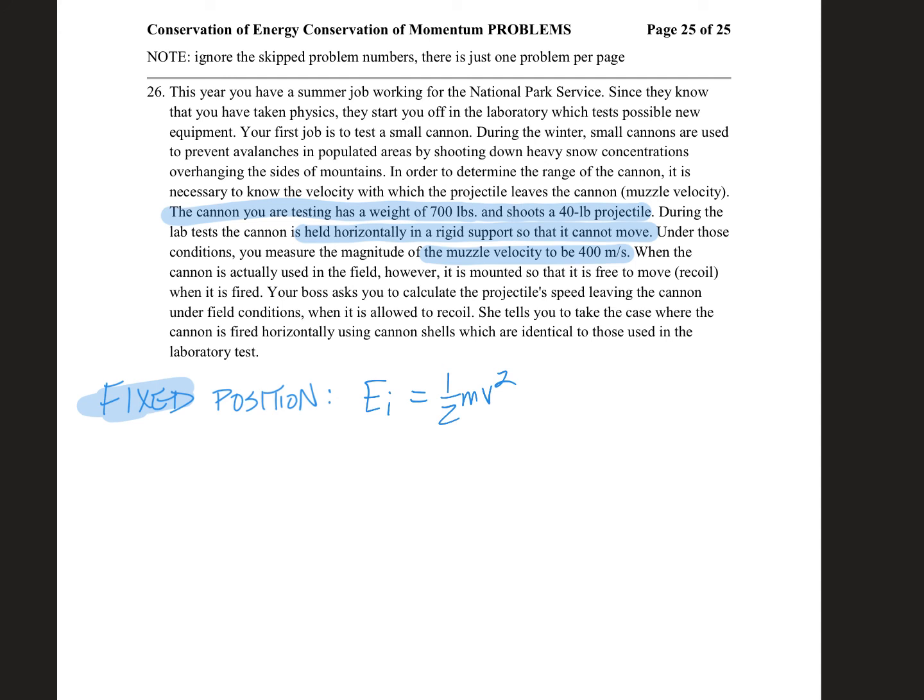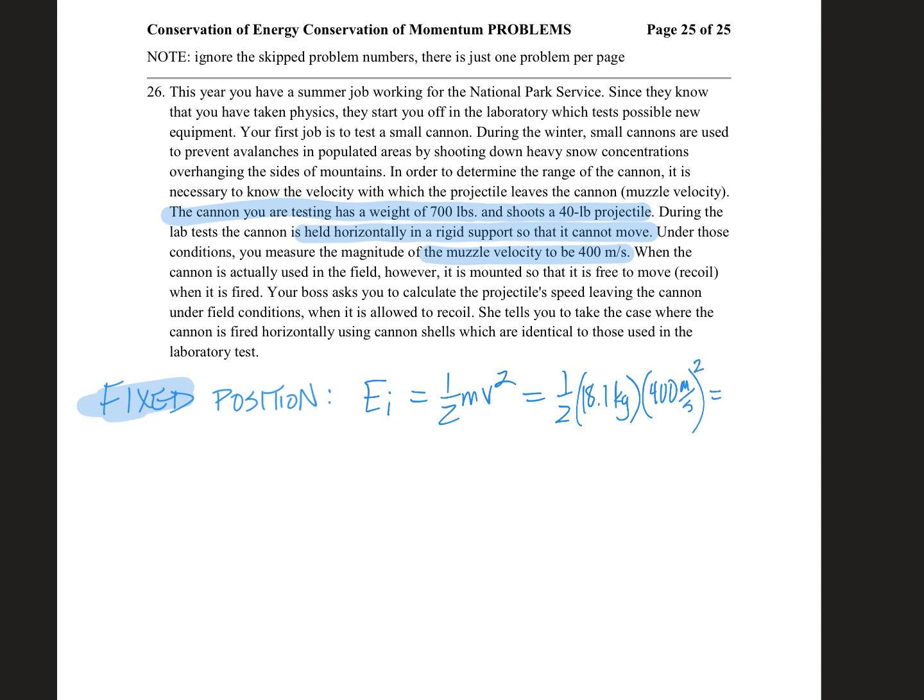All right, and so that means that instead of actually finding that speed, we already know that speed. If it weighs 40 pounds, that's going to be 18.1 kilograms, and it's going to be 400 meters per second. I switched from pounds to kilograms.